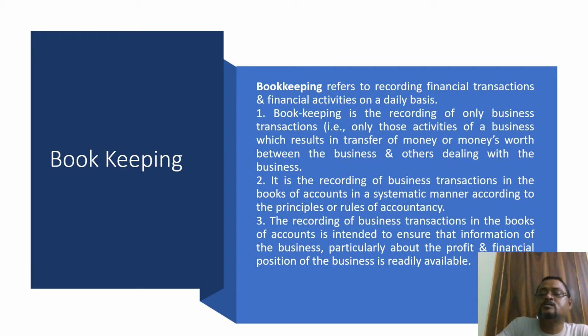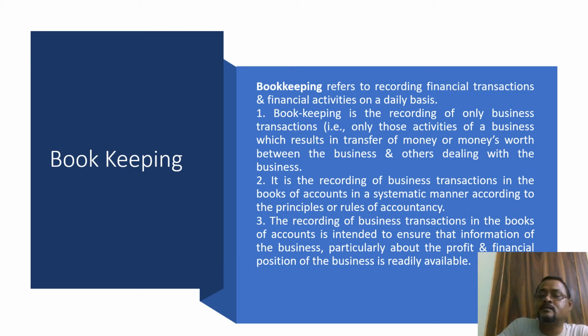Also, other transactions, like when the business is selling to customers, whether that sale is for cash or the sale is on credit. If the sale is on credit, then you need to have debtors. Debtors are those who have bought goods from the business on credit. So a detailed record of debtors needs to be maintained.